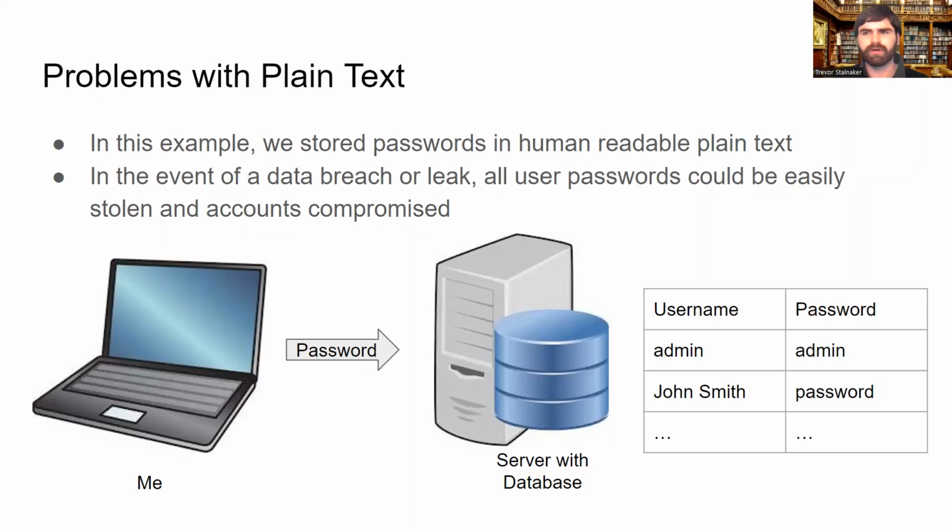There's multiple ways that you could get access to this database, or it could otherwise become compromised and end up on the internet. Once that happens, because all these passwords are in plain text, anyone that reads them can go and grab them, immediately go to the website, do whatever they want. So since I can see this password right now, I could go to wherever this came from, whatever website, type in John Smith's username, password's the password, I'm in his account, and I can do whatever he could do.